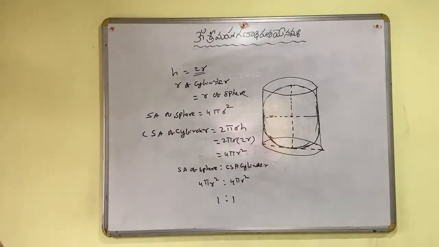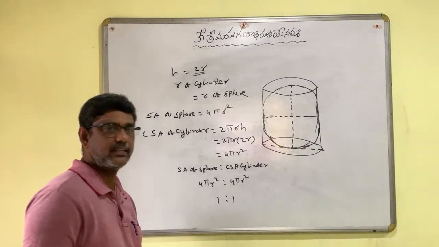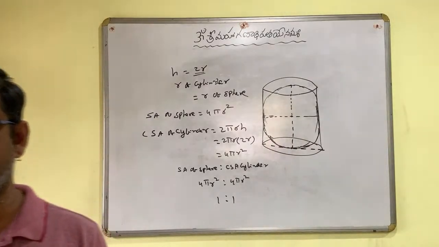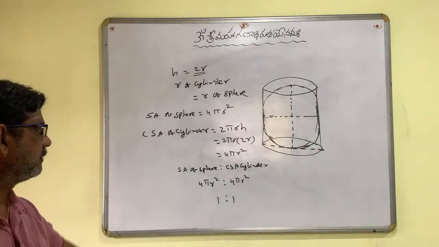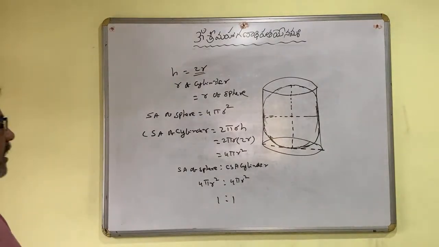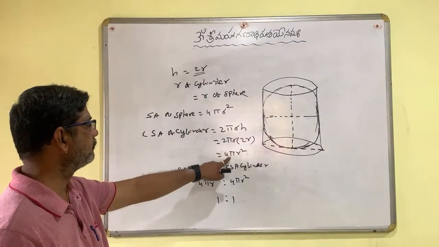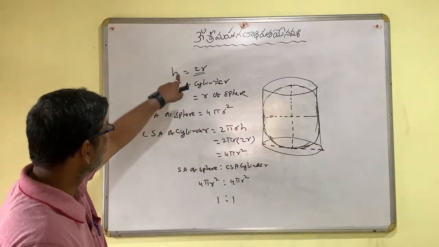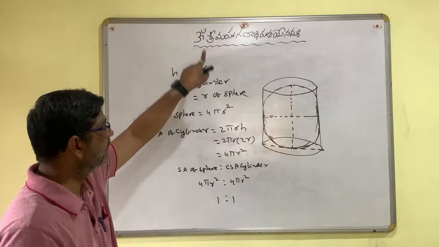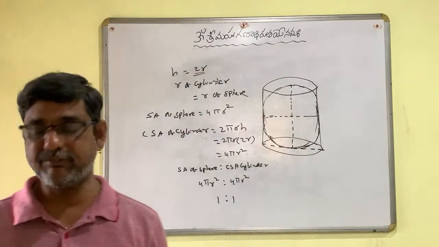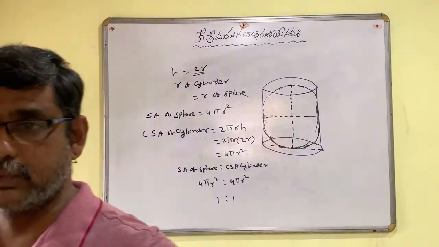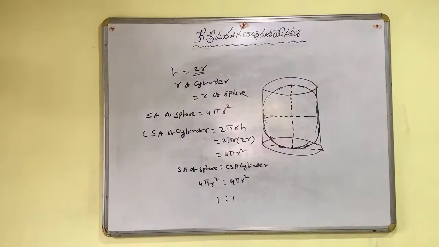We got the same for both the surface area of the sphere and the curved surface area of the cylinder, because the height of the cylinder is the same as the diameter of the sphere. This is what you have to understand, children.